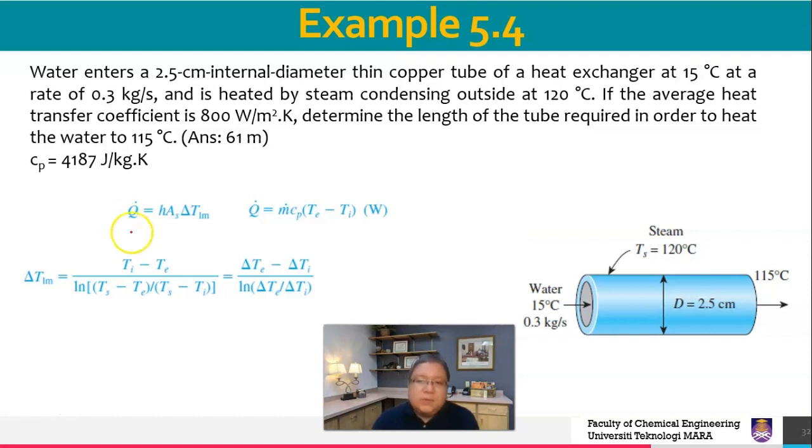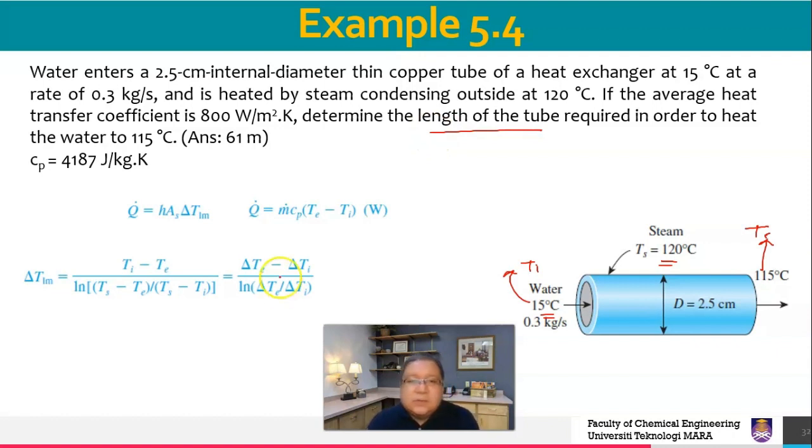So you know that the surface is 120 degrees Celsius, and you also know the Ti and Te. This one is Ti, this one is Te. Determine the length of the tube.